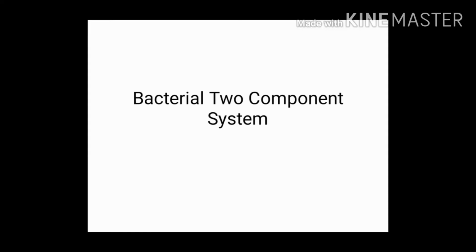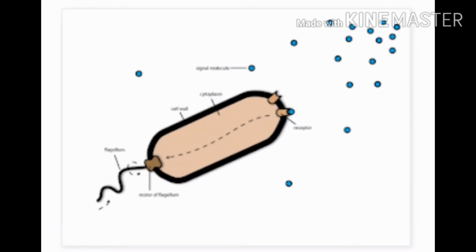Students, in this video, we are going to understand about two-component regulatory system in bacteria. This system is related with how a bacteria responds to the changes undergoing in its environment.